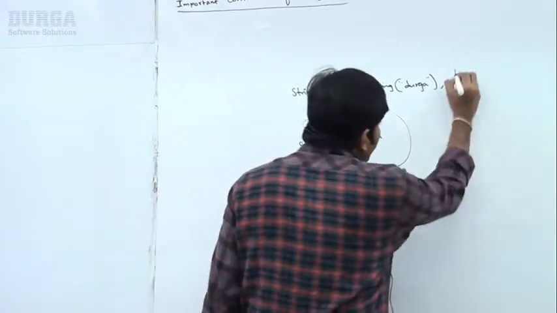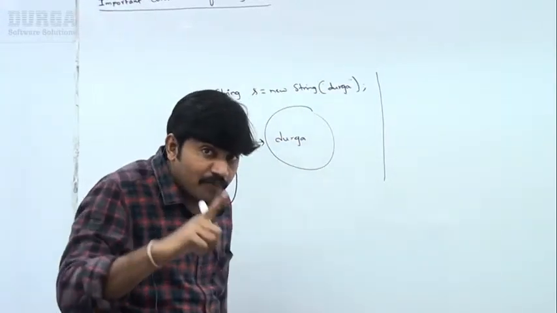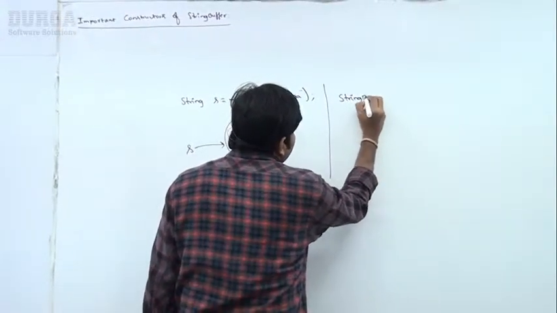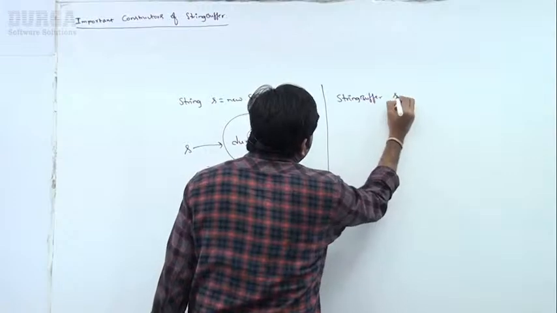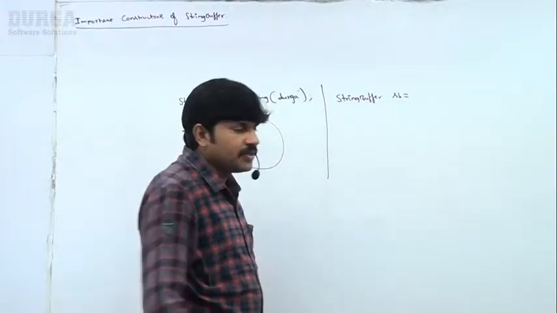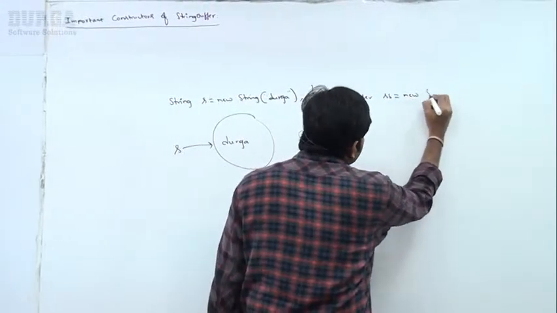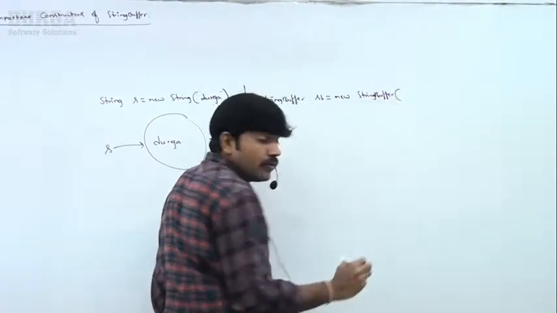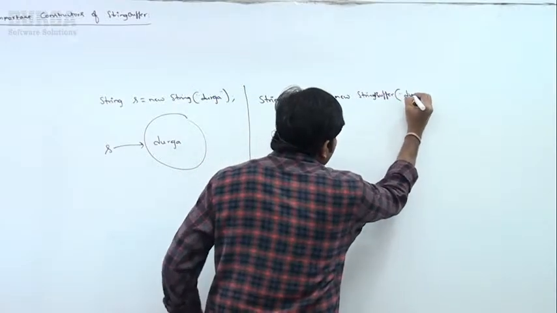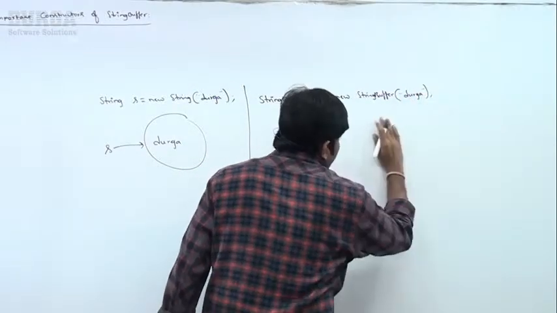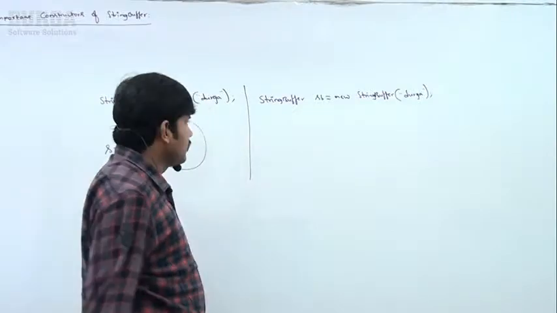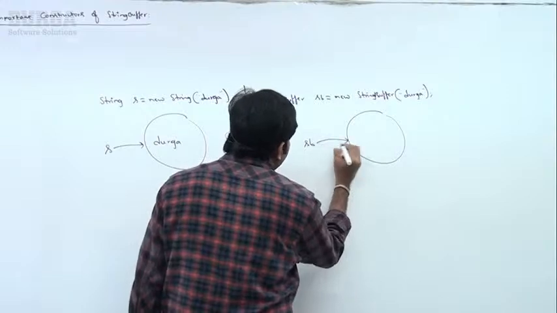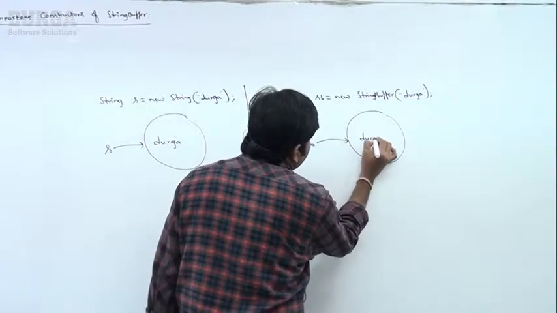Now I want to create a StringBuffer object for the same content: StringBuffer sb = new StringBuffer("Durga"). Here, sb is the reference variable for Durga.